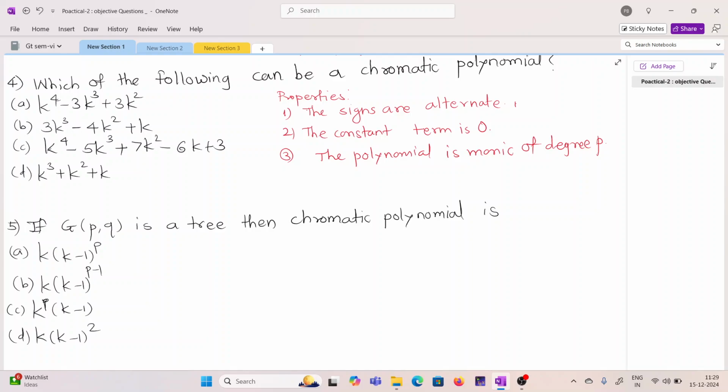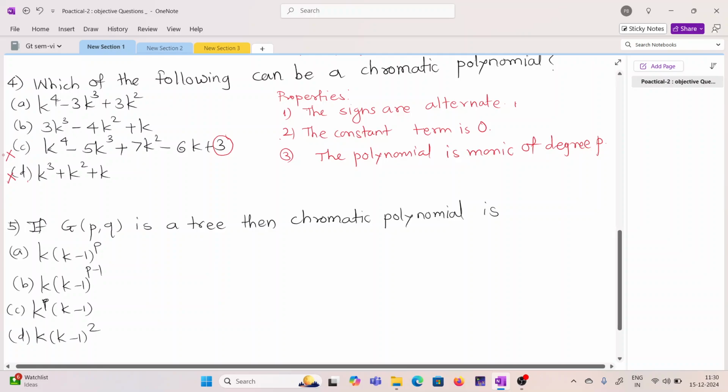If we consider option D, then all signs are positive. So the first condition, that the signs are alternate, is not satisfied here. So option D will be an incorrect option. K cube plus k square plus k cannot be a chromatic polynomial of any graph. If you consider option C, then the constant term is 3 and we should have constant term 0. Here we are not getting constant term 0. So the polynomial given in option C cannot be a chromatic polynomial of any graph.